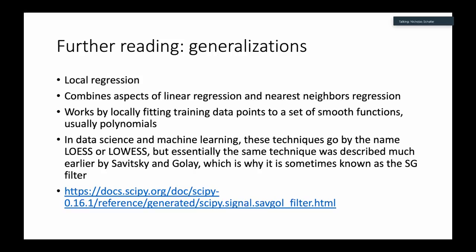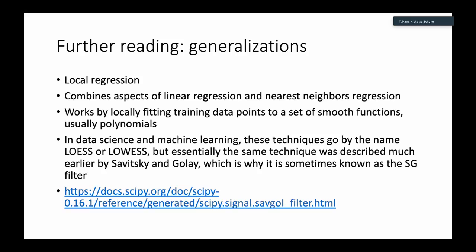They sometimes go by the name of local regression, and they combine aspects of linear regression and nearest neighbors regression. Basically they work by fitting locally the training data points to a set of smooth functions, which are usually polynomials. In data science and machine learning, these techniques are often called LOESS or LOWESS.